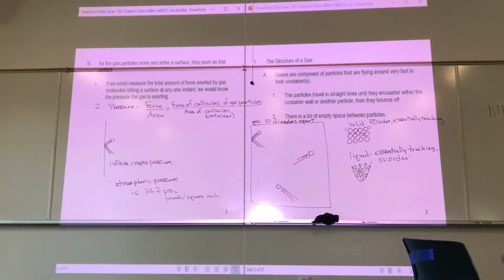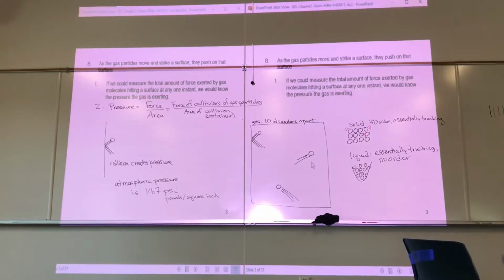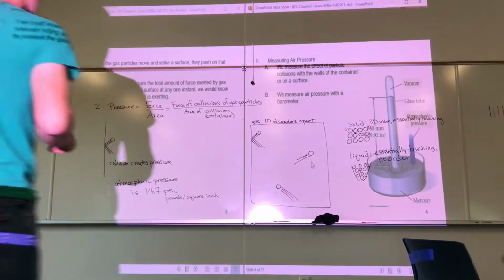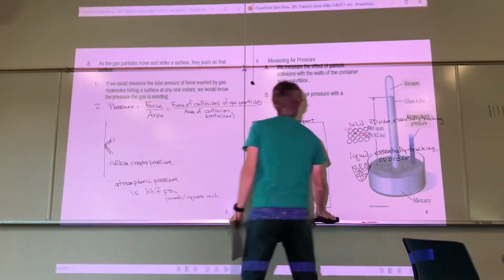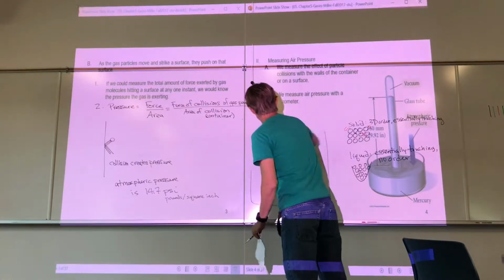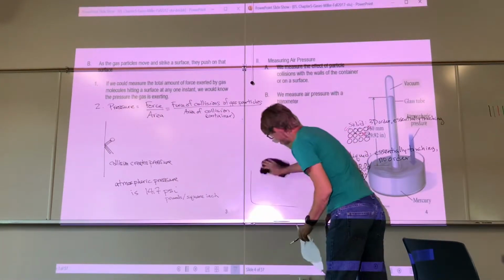All right, well then, the next thing we're going to do: you can't see gas particles typically, but you can see their effects. That's what I'm trying to motivate for you. So there's 14.7 pounds per square inch. How do we measure pressure? Basically the oldest way, and the way that we still do it oftentimes, is using a barometer.